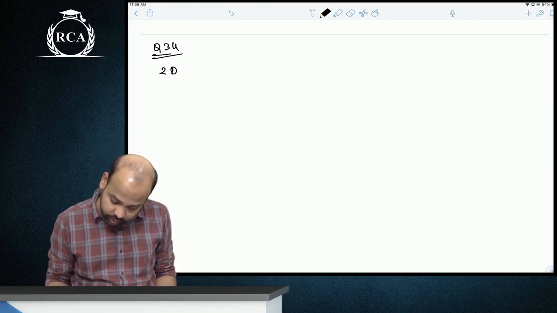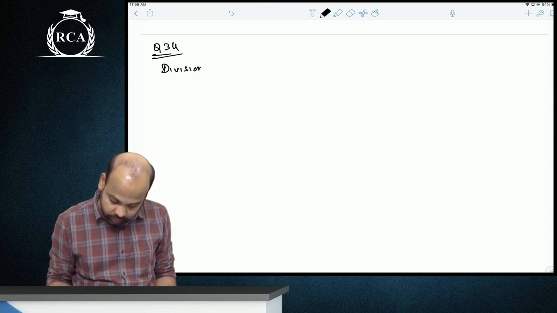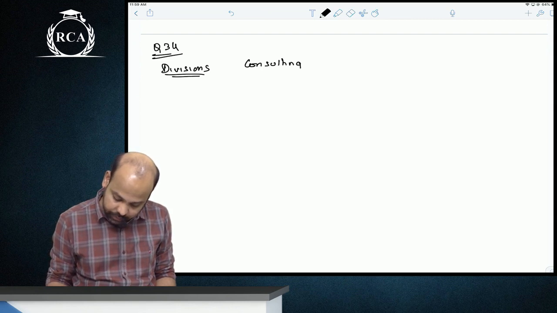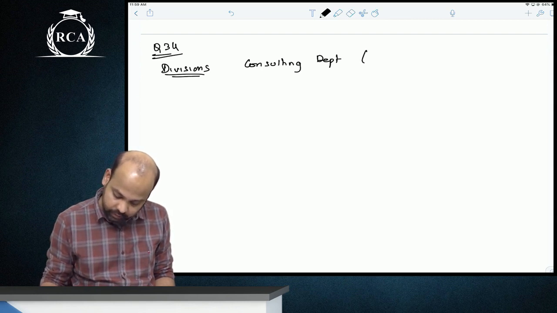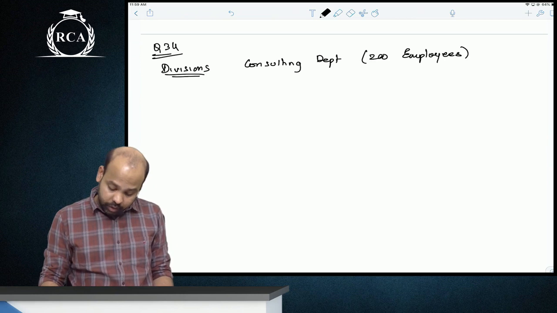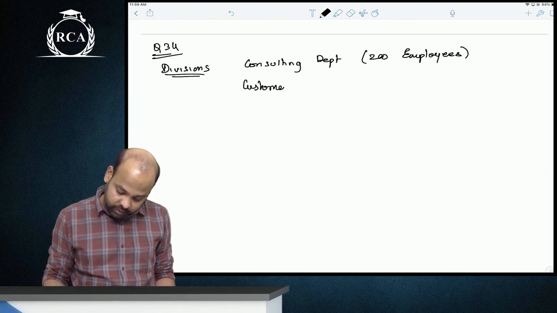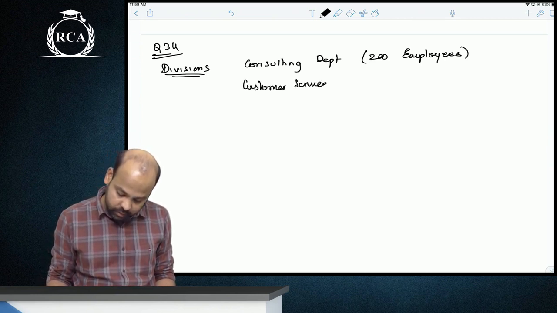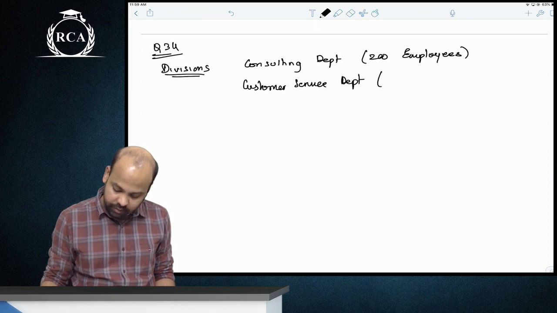So guys, what are the divisions here? We have consulting department, guys, with 200 employees. There is customer service department with 150 employees.